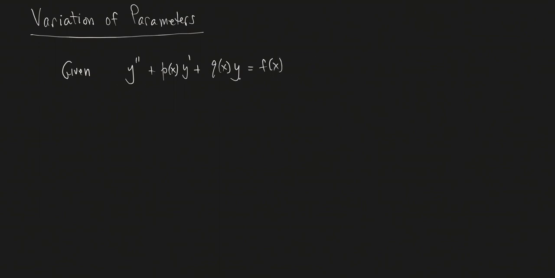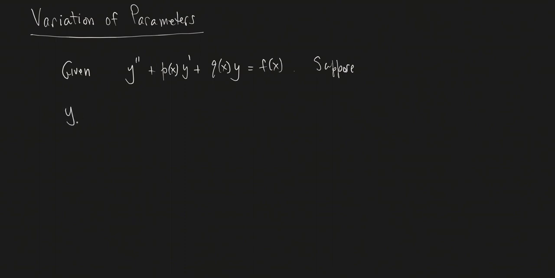So here is our differential equation. And again, notice I am not assuming that the coefficients are constant. This method goes beyond the constant coefficient case, so it's even more general than the ones that we've been solving so far.